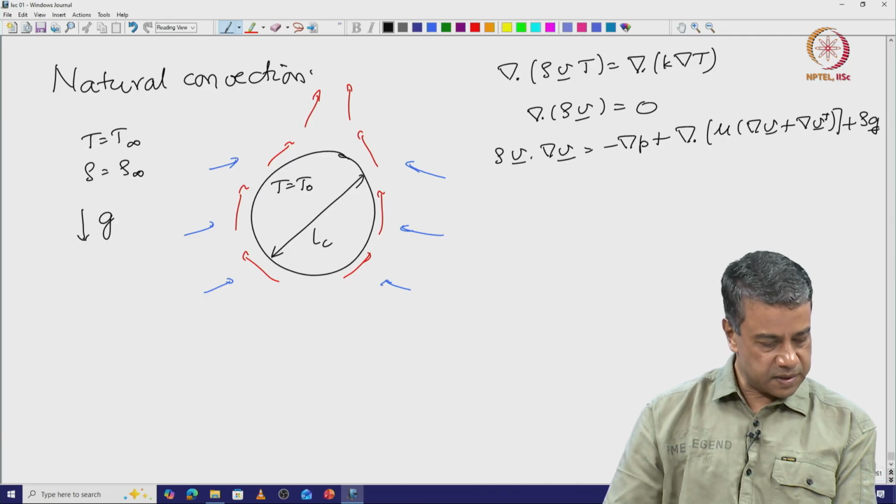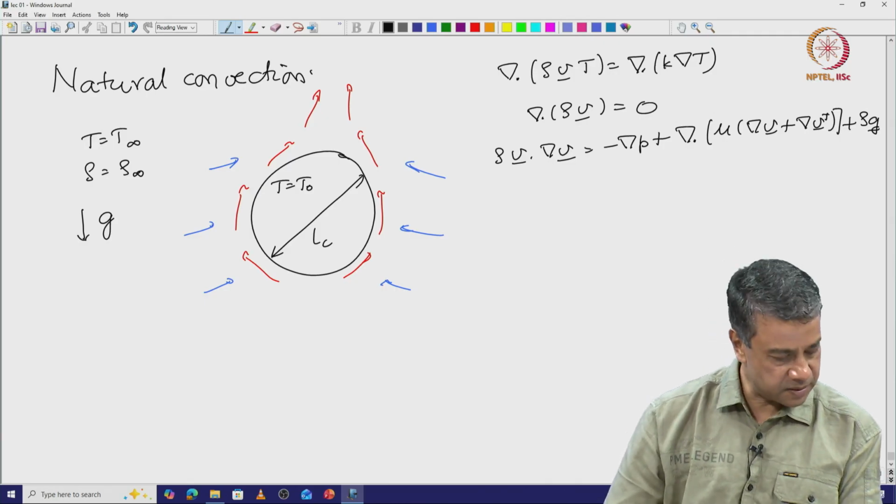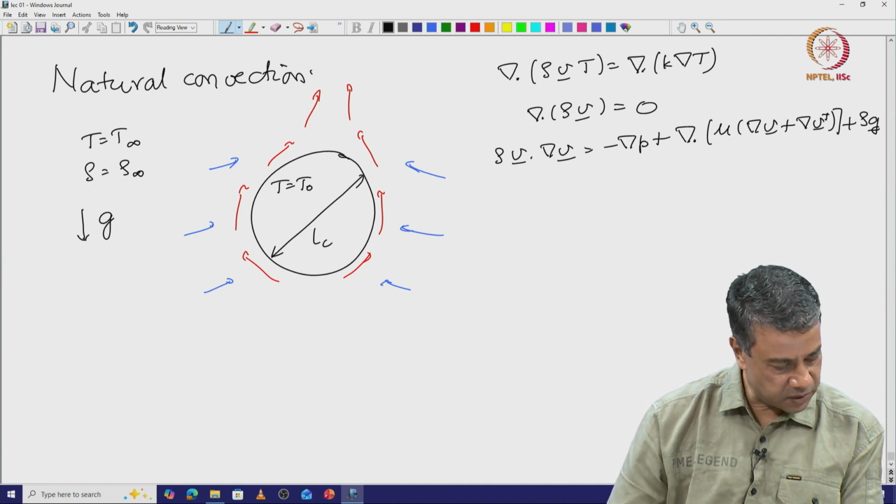So, that is the body force, rho times the gravitational acceleration is the body force.